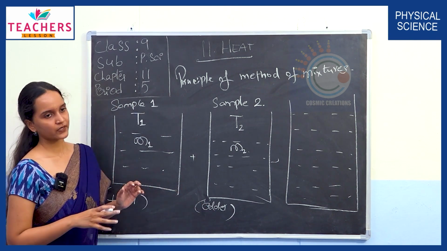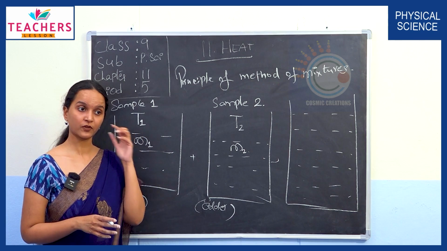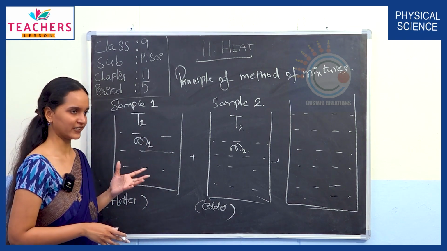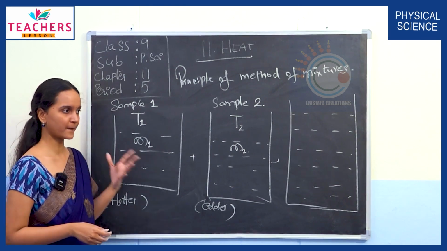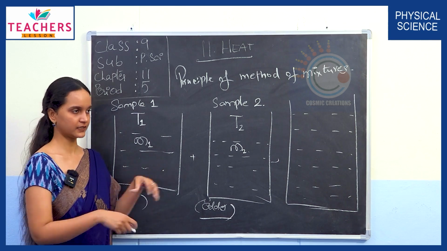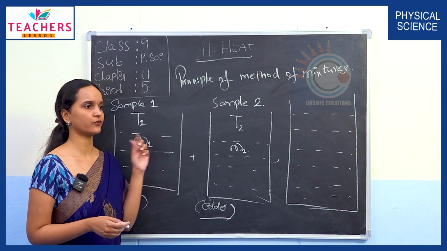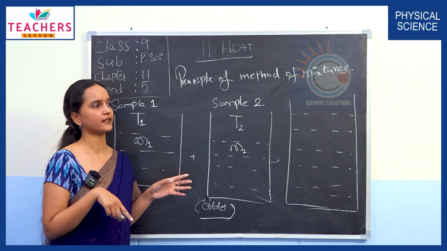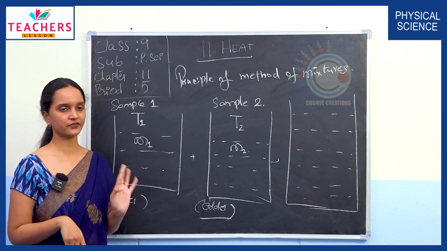What did we learn about heat? Heat is a form of energy which will flow from the hotter object to the colder object when in thermal contact, right? Heat flows from the hotter body to the colder body, and this flow arises due to the temperature difference.